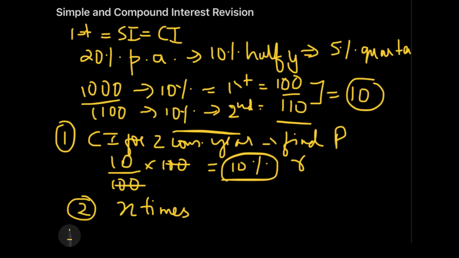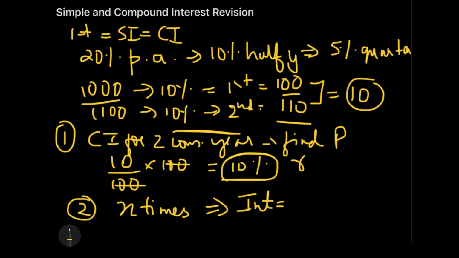In this type of case, the formula says first find out the interest, because if you first find out the interest, it would help you find out the other things as well.